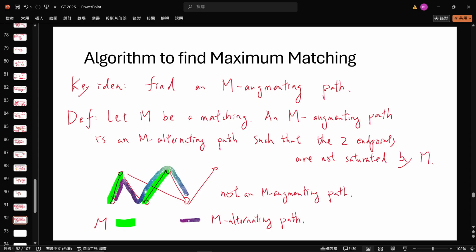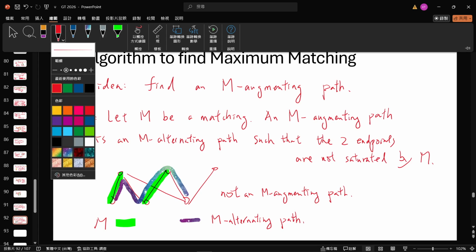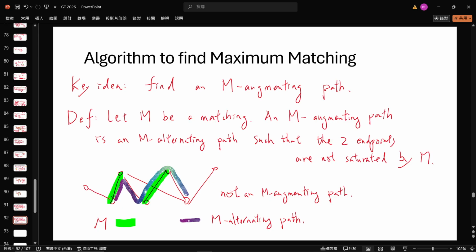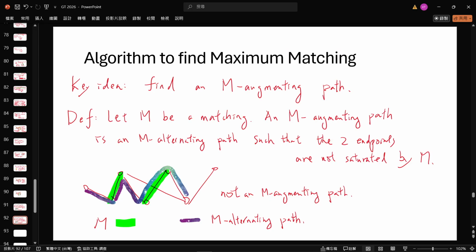Good. So if I add an edge like this, and I extend the path like this, then this will be an M augmenting path, because first of all, it is alternating. Second of all, the two endpoints are not saturated.